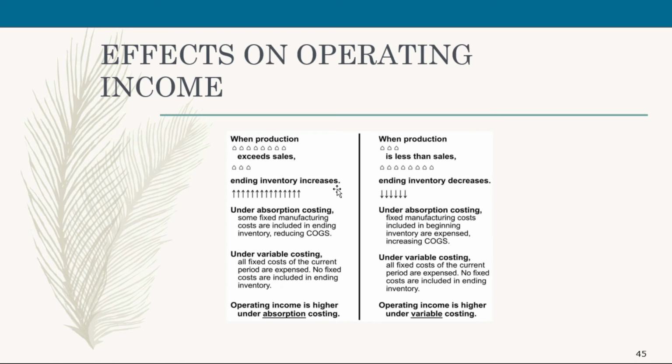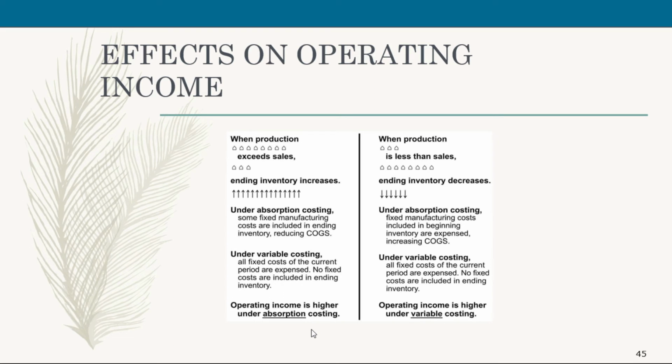And please take note that under this scenario, if you have a higher production than your sales, your operating income is higher under absorption costing, taking into account that your fixed overhead cost is fully expensed in the current period. Okay, making your absorption costing have a higher net income.